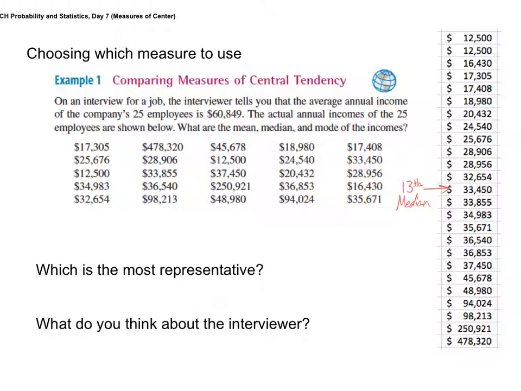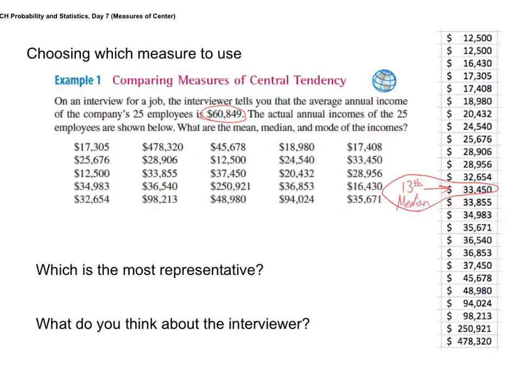So here you're interviewing for a job. The person interviewing you says that the mean wage is $60,849. That sounds pretty good, right? However, if you look at the actual data, the median is $33,450. And if you look at the mode, where's the mode here?